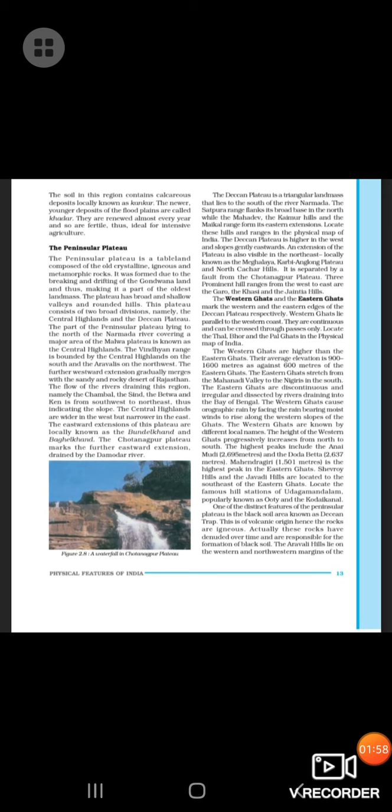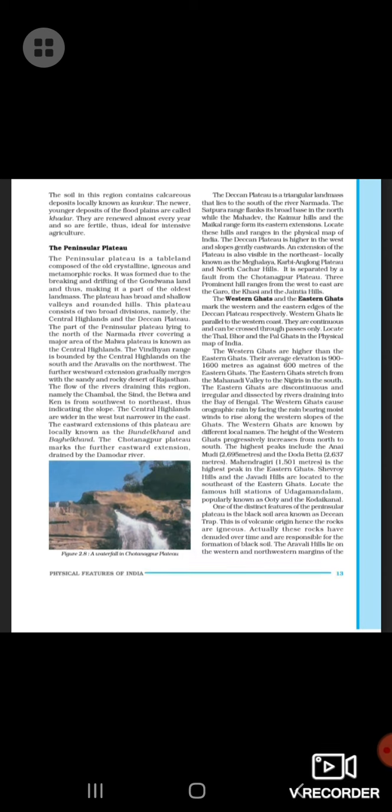Do remember that the part of the peninsular plateau towards the north of the Narmada river, which covers a major area of the Malwa plateau, is known as the Central Highlands. Children, the Central Highlands are often asked to be located on the map, so remember its position, towards the north of the Narmada river.